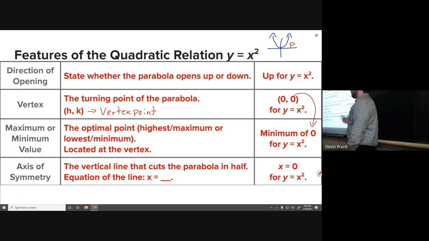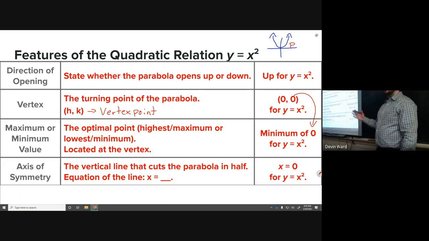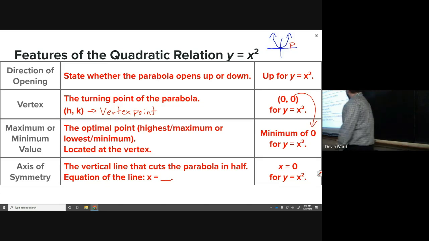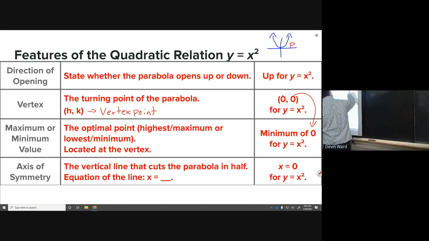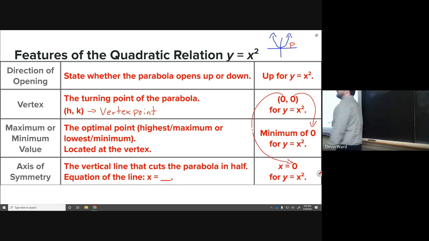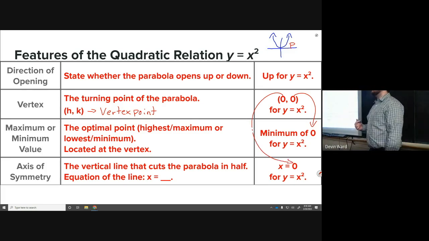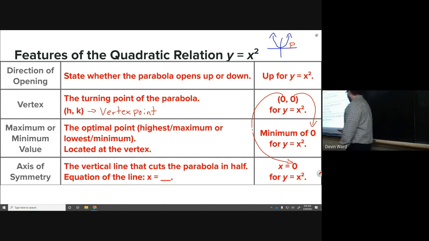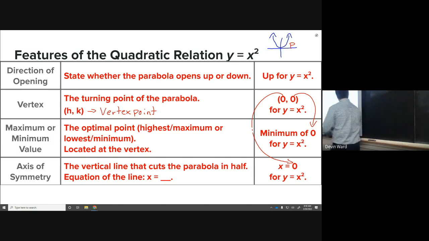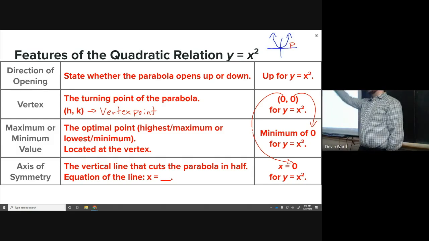So all parabolas are symmetrical like that. And the axis of symmetry is always the x value of your vertex. So wherever your vertex is, just take the x value of that, and that is the axis of symmetry.